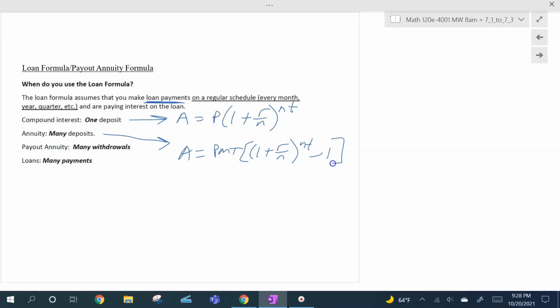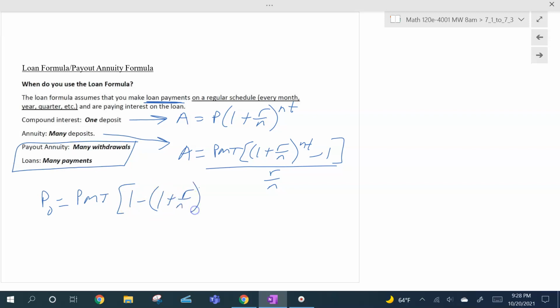So that was this formula. And then the payout annuities and the loans, that's where we've got this formula, the payment. Notice that's to the negative NT right there, all over R over N.